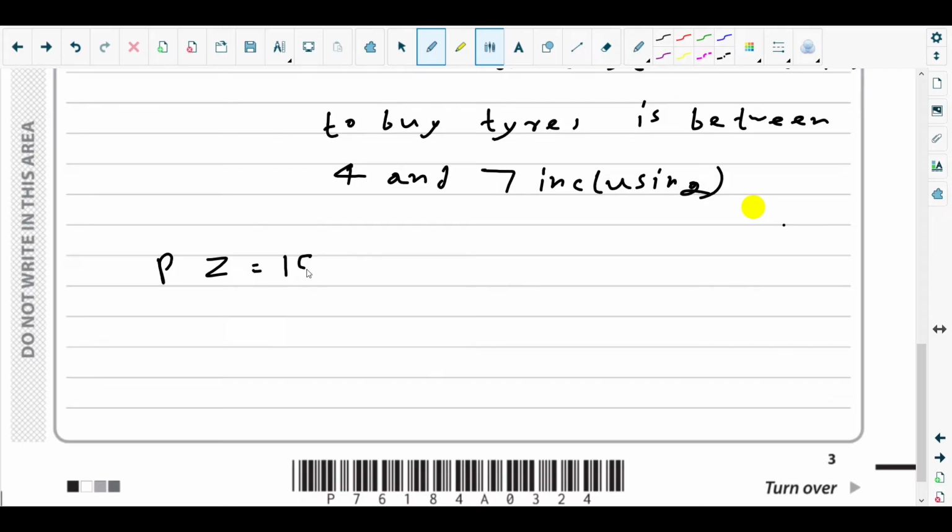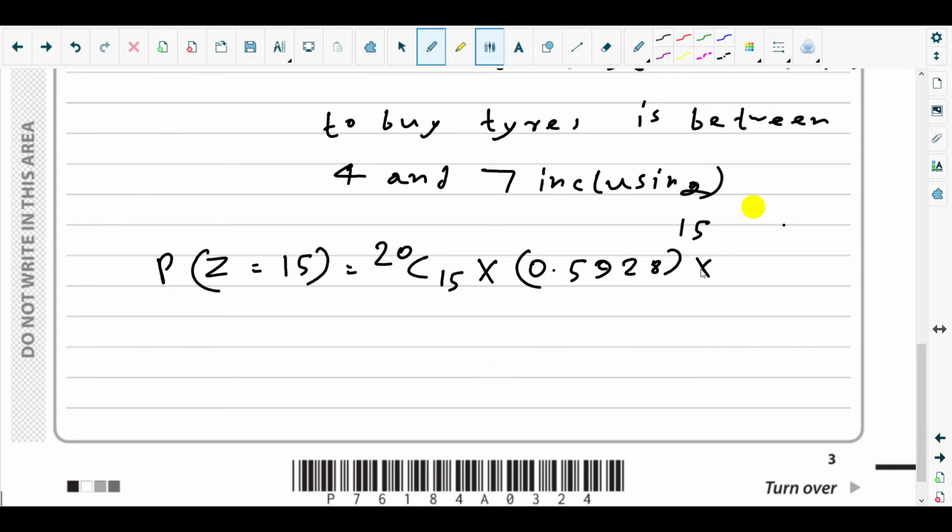So we need the probability of Z equal to 15. This would be 20 choose 15, times 0.5928 to the power 15, times 1 minus 0.5928 to the power 5. The value is 0.06809. Rounding to 3 significant figures, 0.0681.